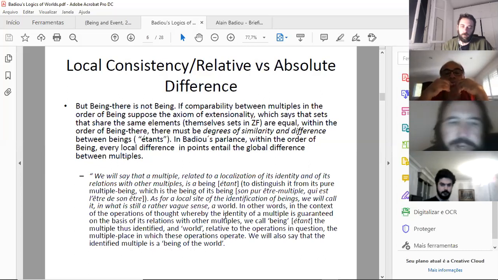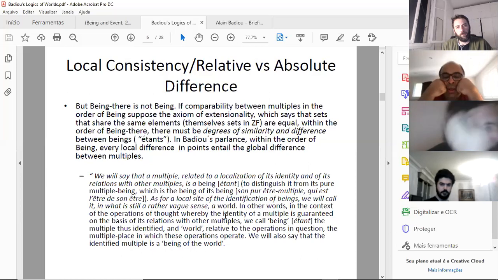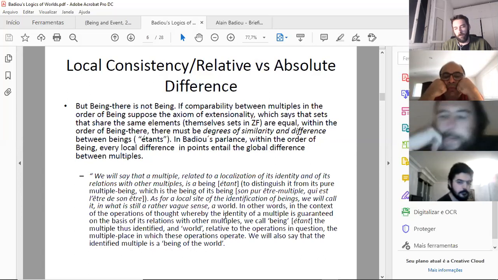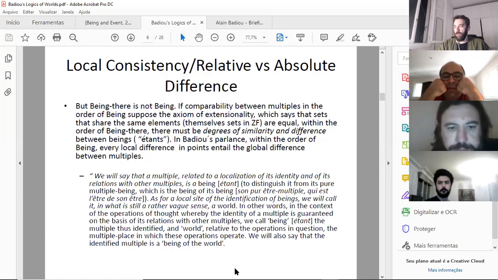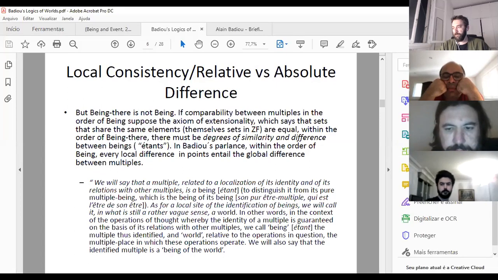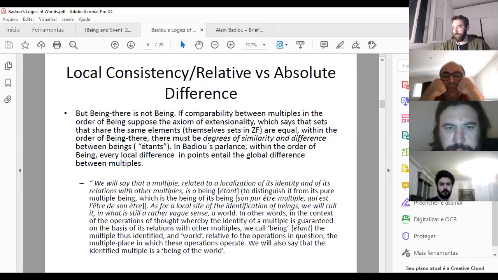I think this is very interesting. We also rehearsed this last time. This is the way that you summarize this, because even given the axiom of separation, I think it is easy to understand, at least for me, the expression that every being is being there.